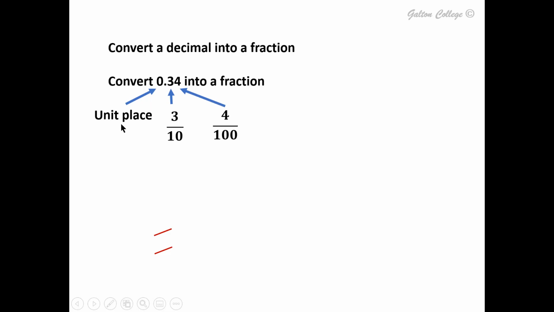That's units. We've got a point here. So it's 0.3, and 0.3 is 3 over 10. 0.34, the 4 is 4 over 100. So we've got units, over tens and over hundreds.